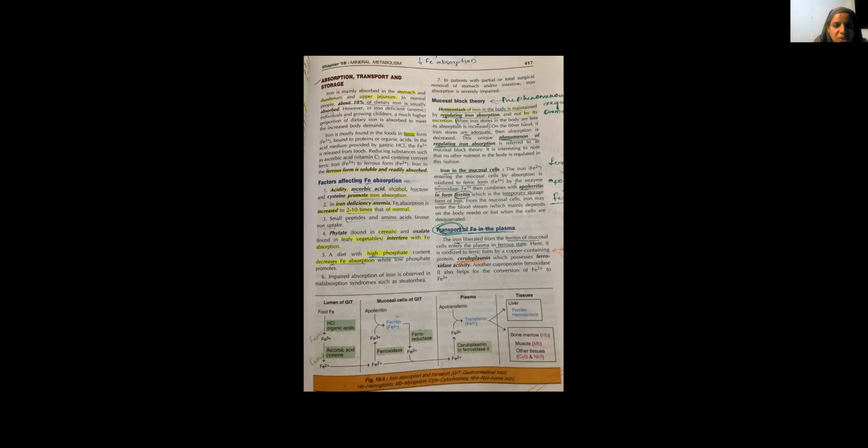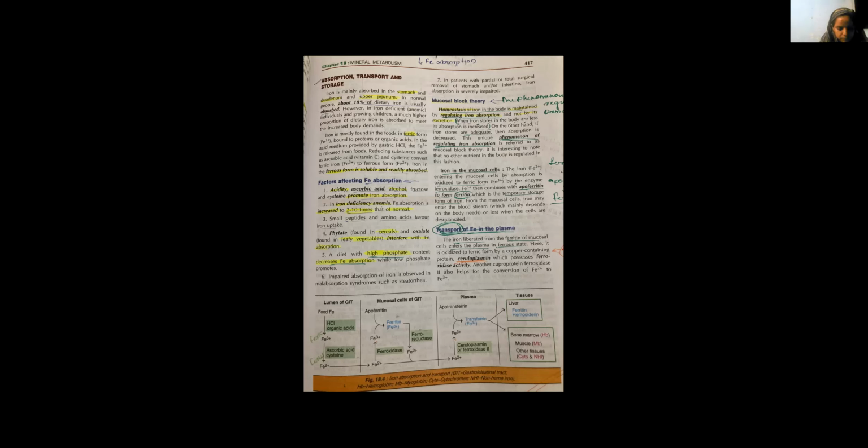Iron absorption is increased in case of iron deficiency anemia, so that iron production will be fast, RBC production will be enhanced. Small peptides and amino acids also favor iron uptake. Then phytate found in cereals and oxalates found in leafy vegetables, they do not allow iron absorption. They interfere with iron absorption. Okay. So four factors are enough, beta, like that you can talk.